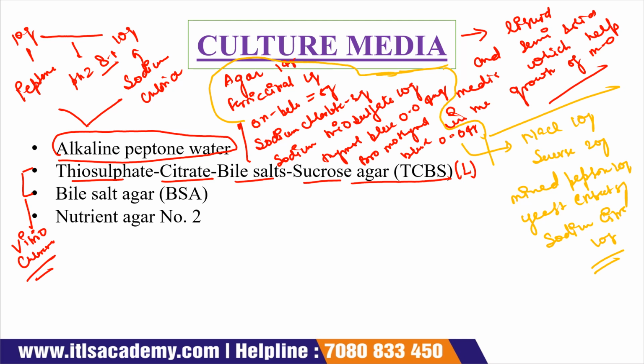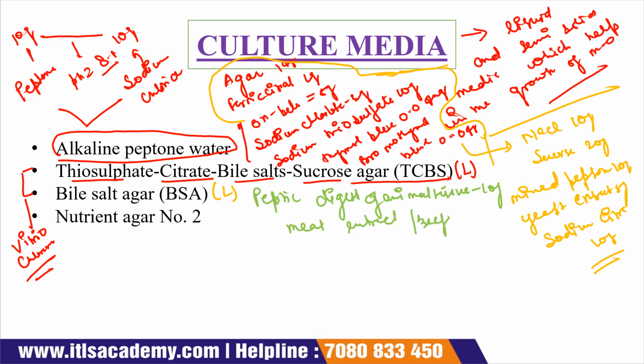Now the next is your bile salt agar. This composition is also for 1 liter and it contains, first thing, peptic digest of animal tissue, and the amount is 10 gram. Meat extract, that is also called beef extract, and the amount required is 5 gram.